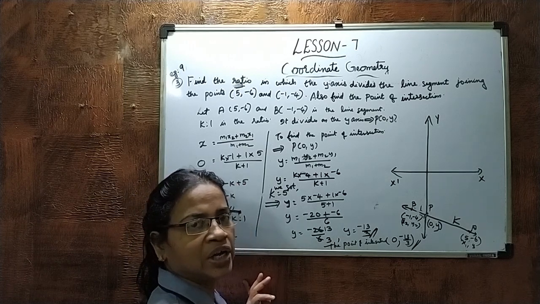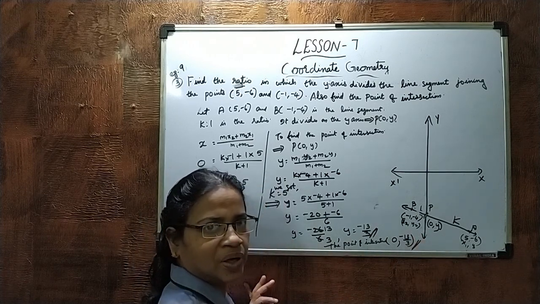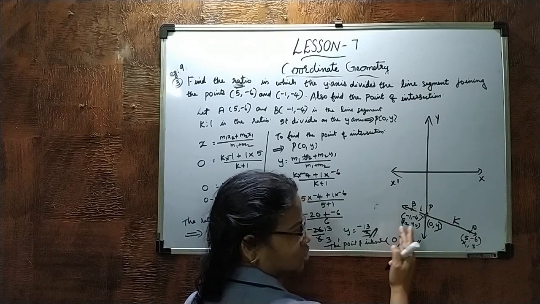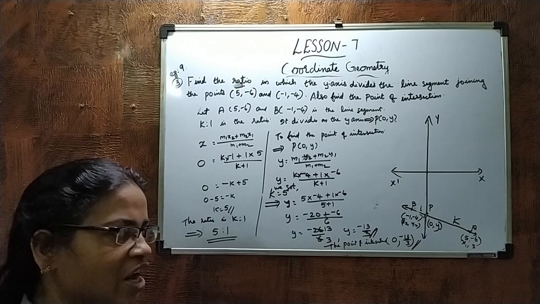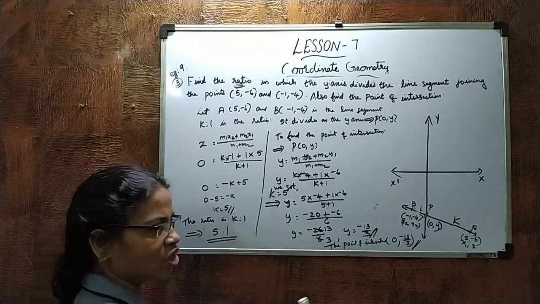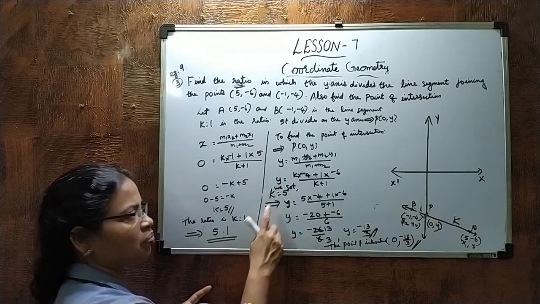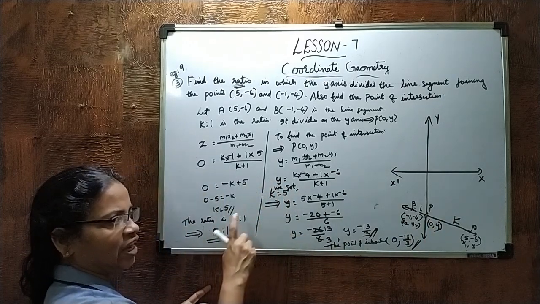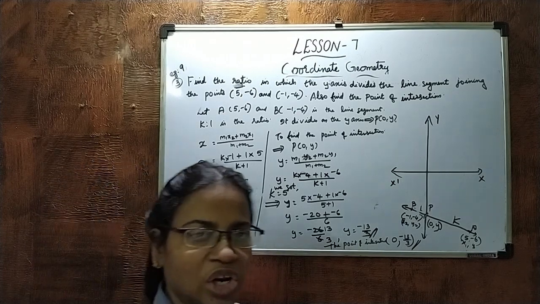The ratio we can find out, and if the ratio is not given, you have to use k is to 1. x1, y1 will be there, x2, y2 is there, just write k is to 1 in between. Then sometimes they will give you the coordinates of the point of intersection. Then substitute, and in the value of k and all, you will get the answer. Okay. Do it once again in your notebook, then only you will understand.